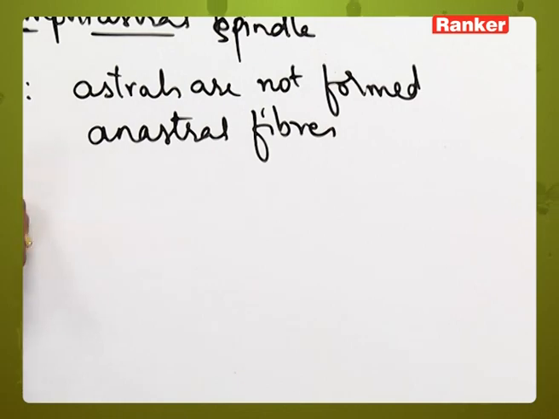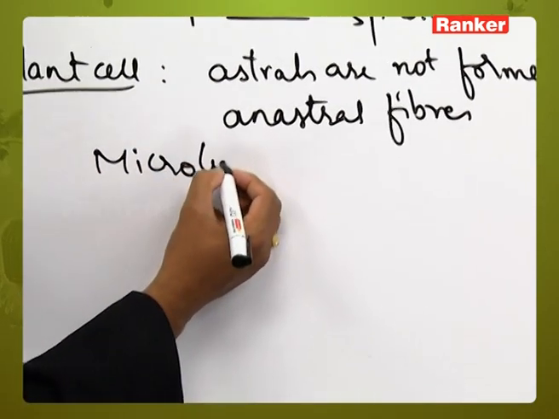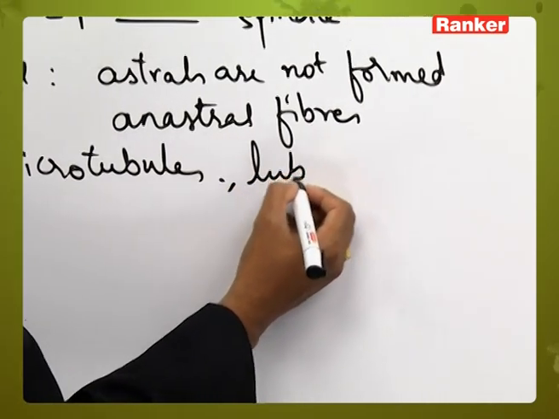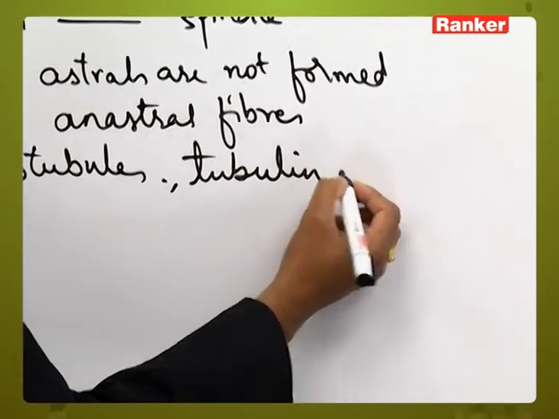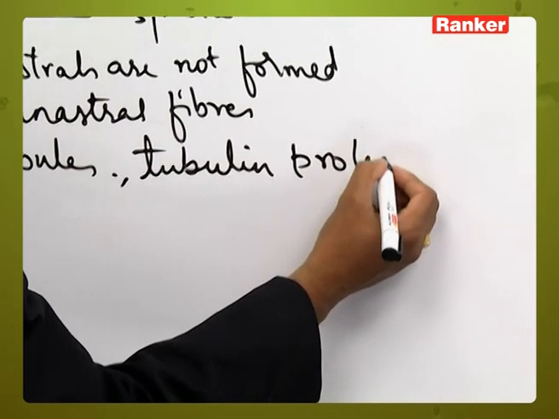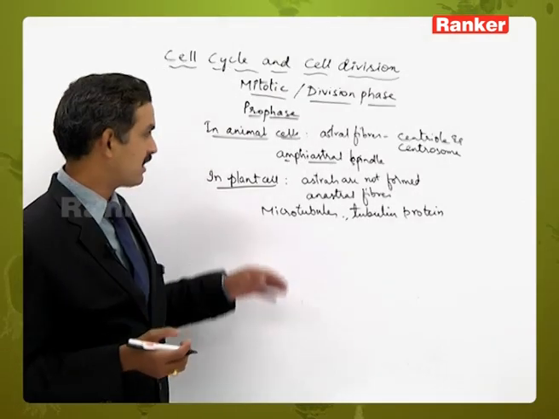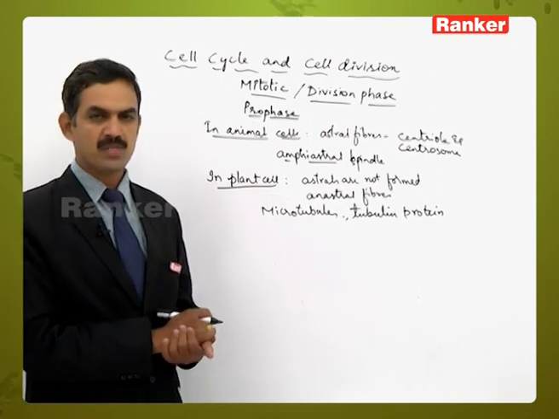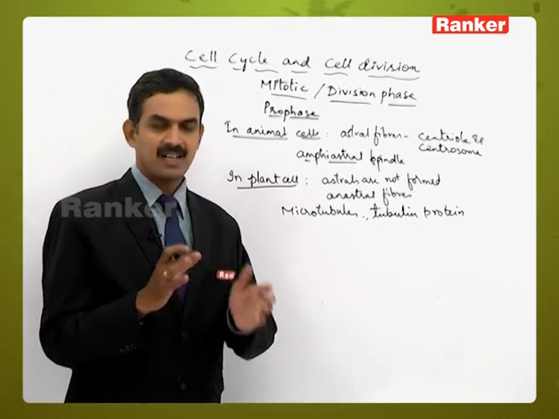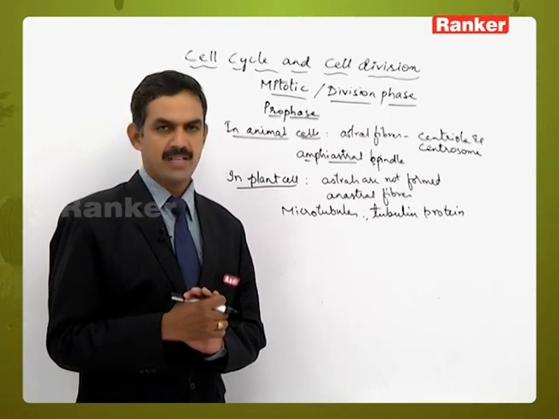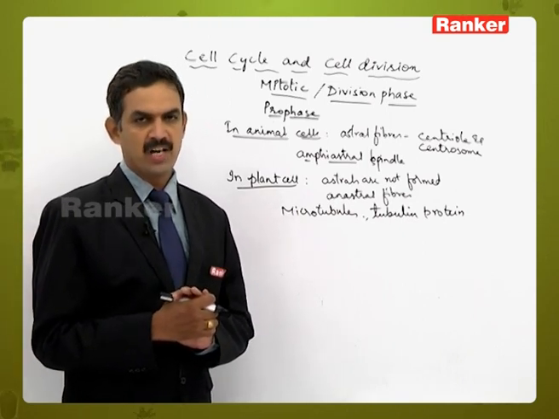But here these fibers are made up of the microtubules, which are made up of a protein called tubulin protein. And here all these are initiated during the prophase stage only. That's why we say that the initiation of spindle fibers will start during the prophase, but the completion of the spindle fibers will be taking place during the metaphase of the cell division or mitotic phase.